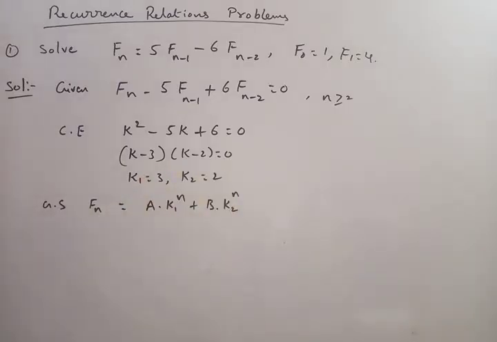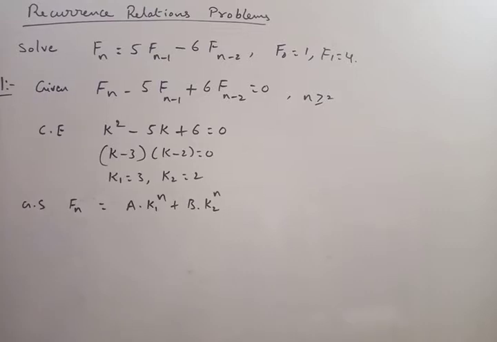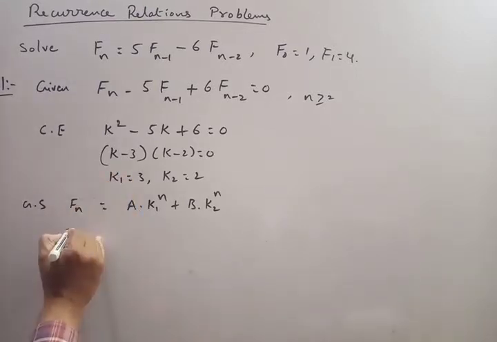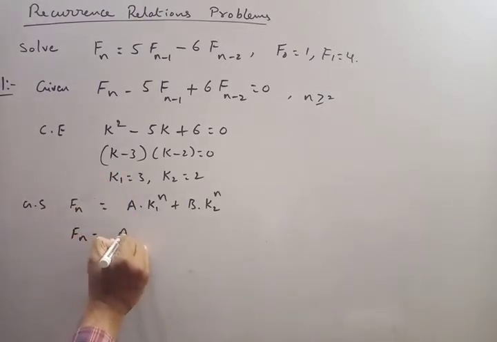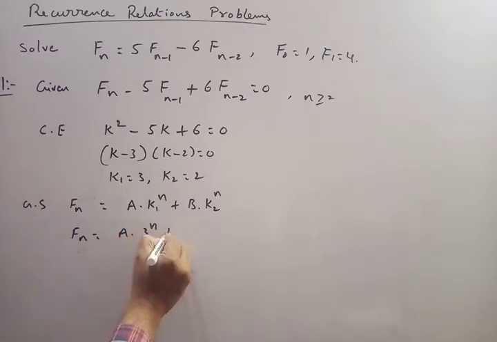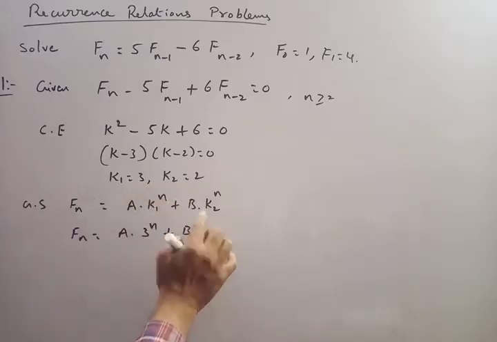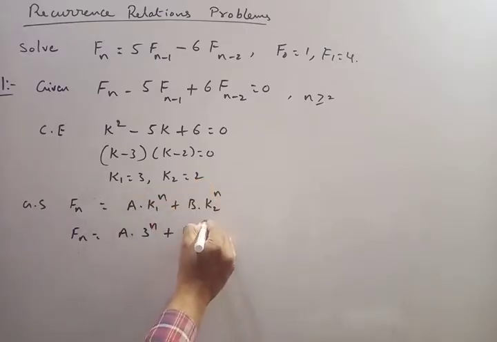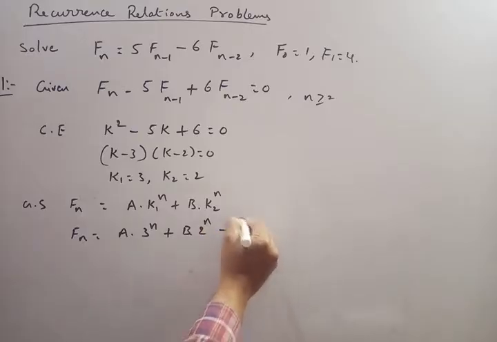Right? Now k1 is 3 and k2 is 2, therefore fn = a 3^n + b 2^n. Mark it as equation number 1.